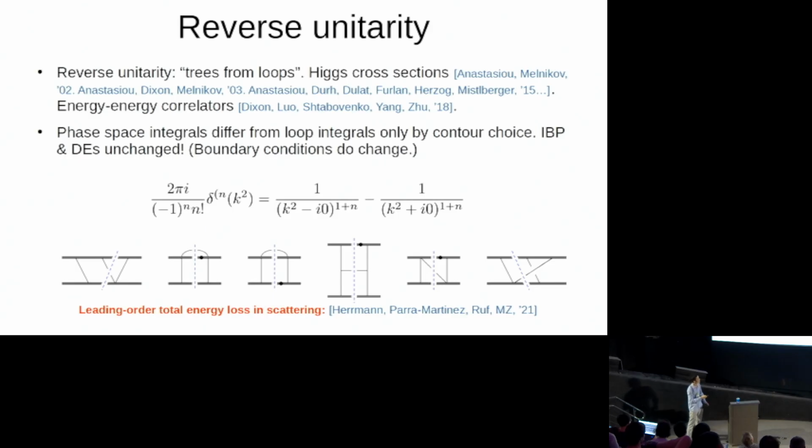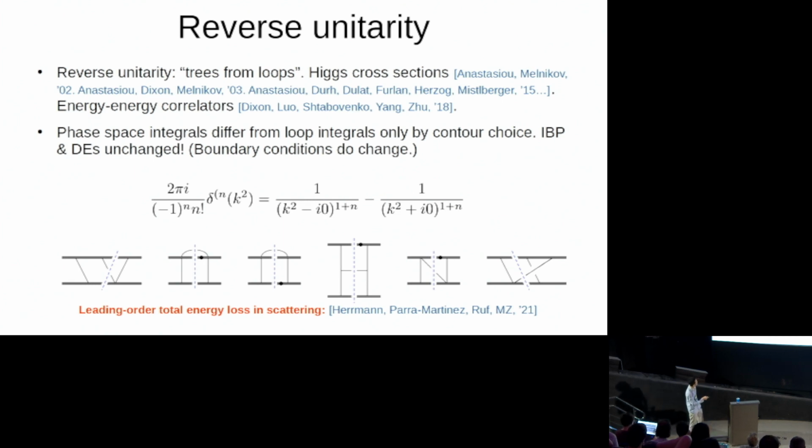In the collider literature, this has been extremely powerful in calculating Higgs production total cross sections. For example, back in 2014 or 15, there's this famous paper which pushed the Higgs production total cross-section to the unprecedented 3-loop order, and they essentially relied on the reverse unitarity method to handle all the phase-space integrals.